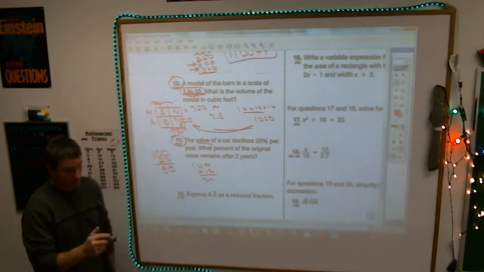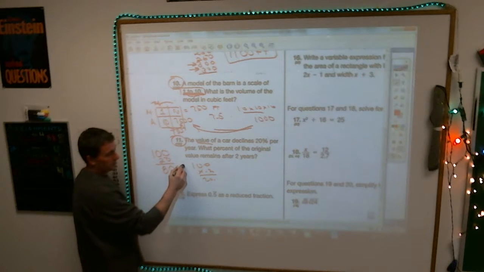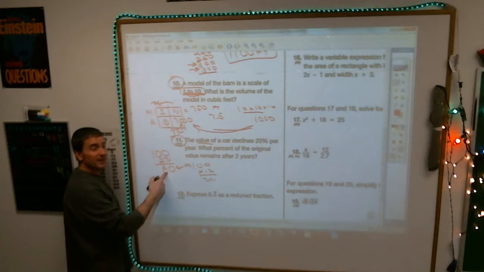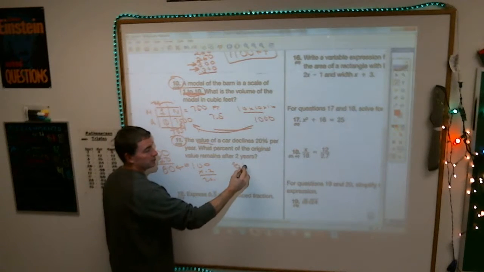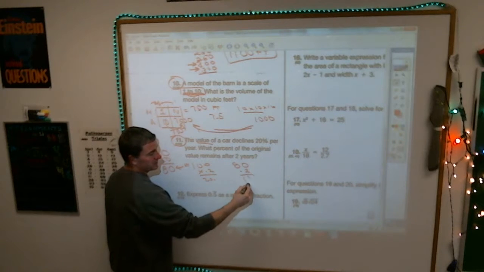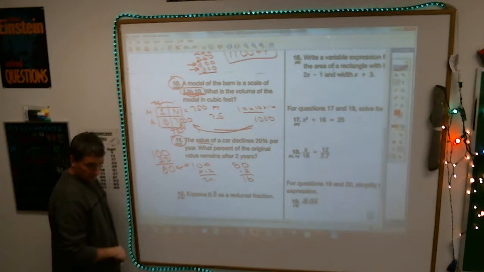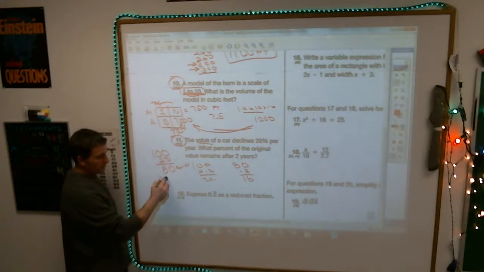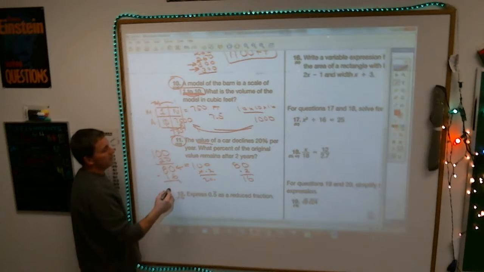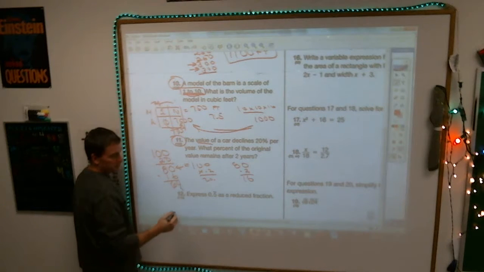But that's the first year. This is how much it's worth after the first year. After the second year, you have to take 20% of that again, but it's not 100 anymore, it's only worth 80, so you take 0.2 times 80, which is $16. Are you with me? So now I have to remove $16. At the end of 2 years, my $100 car now is only worth $64.